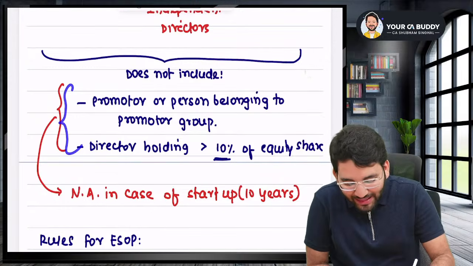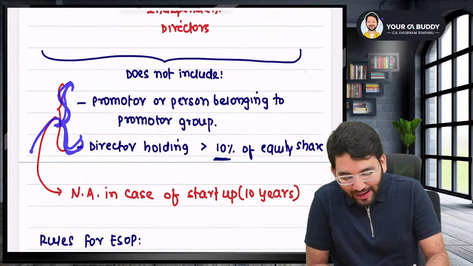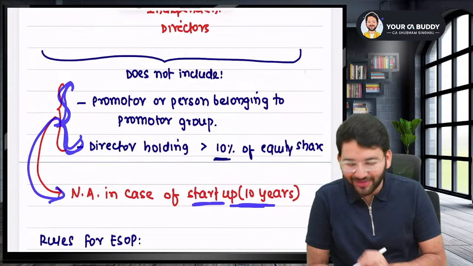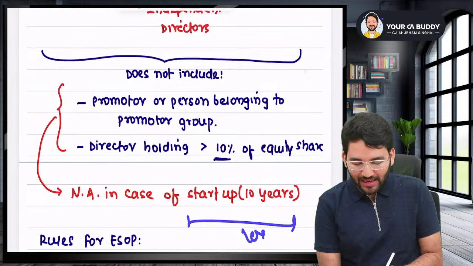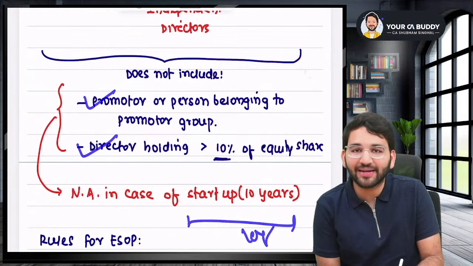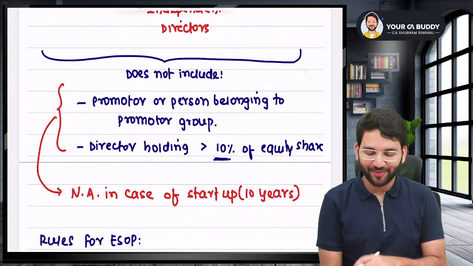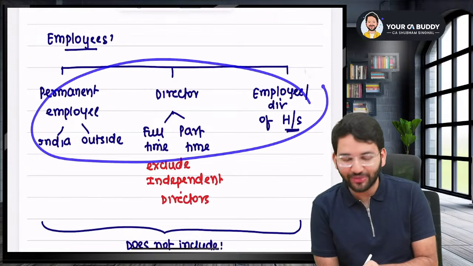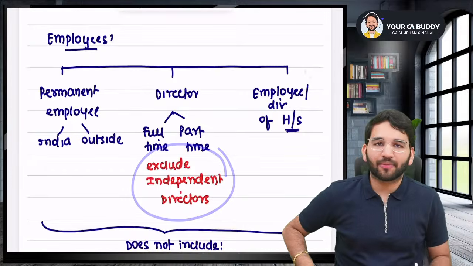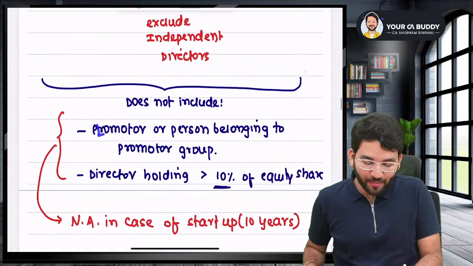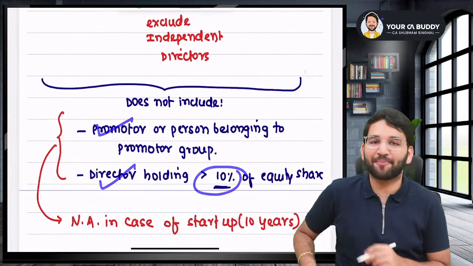But sir, this exception that we have is not applicable for a startup in the first 10 years. If you are a startup company and in the first 10 years, even if you're a promoter or even if you're a director, you can get the ESOPs. So basically, sir, ESOPs can be given to these people, but ESOPs can never be given to an independent director. And ESOPs can also not be given to a promoter or director holding more than 10%.